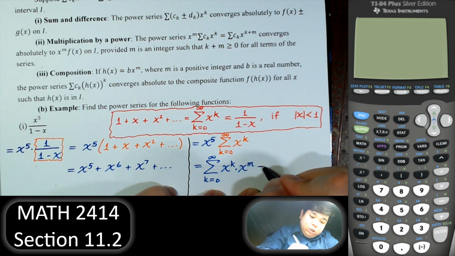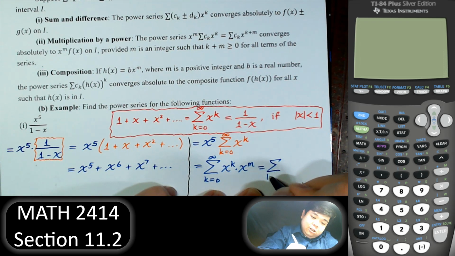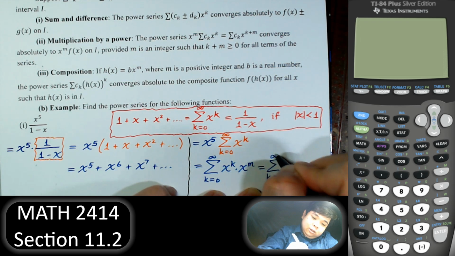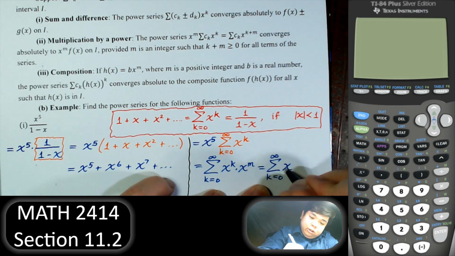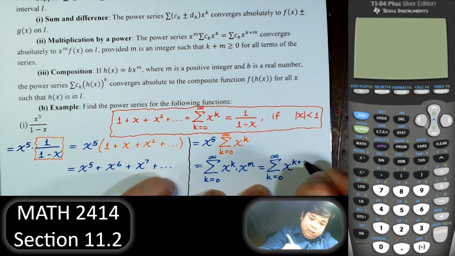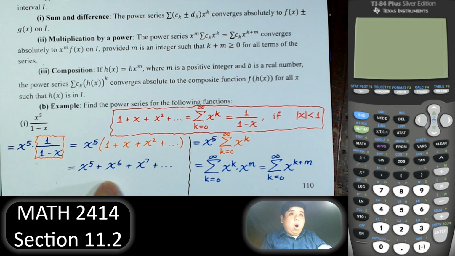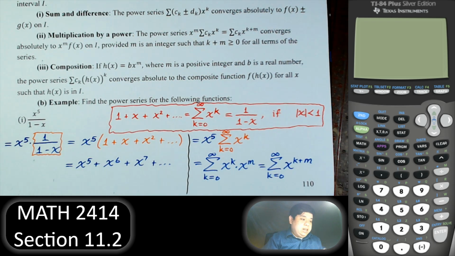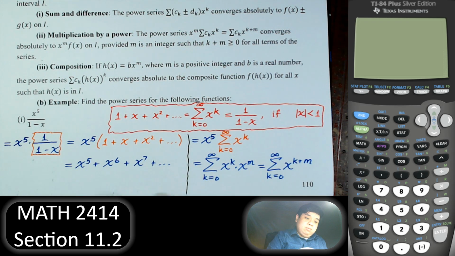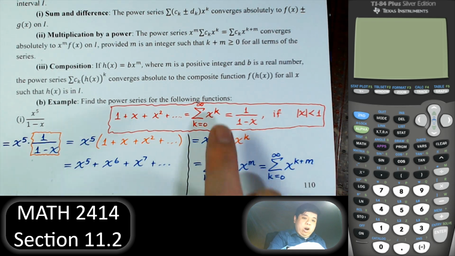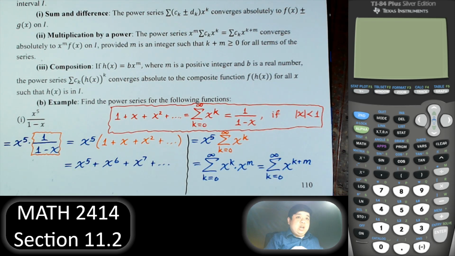Multiply two things with the same base, so we combine the exponents. Either way, simple enough. But we have to utilize the fact from the geometric series that 1 over 1 minus x is equal to that, so it has to be of the form 1 minus something.